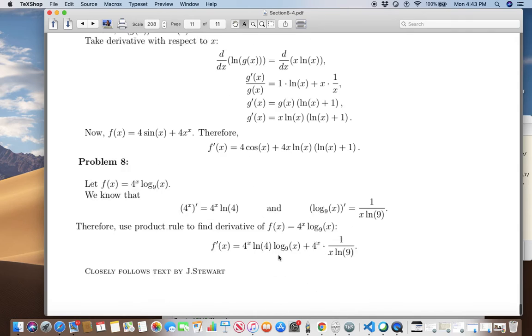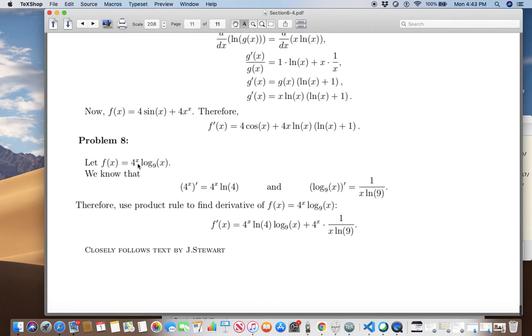The last question: 4 raised to x times log base 9 of x. Find its derivative. Well, for 4 raised to x, you know its derivative is 4 raised to x natural log 4. Log base 9, you know its derivative. It is like that of natural log, except you have to divide by natural log of 9. When you use the product, you need to use the product rule: derivative of the first, second as it is, plus first as it is, derivative of the second.